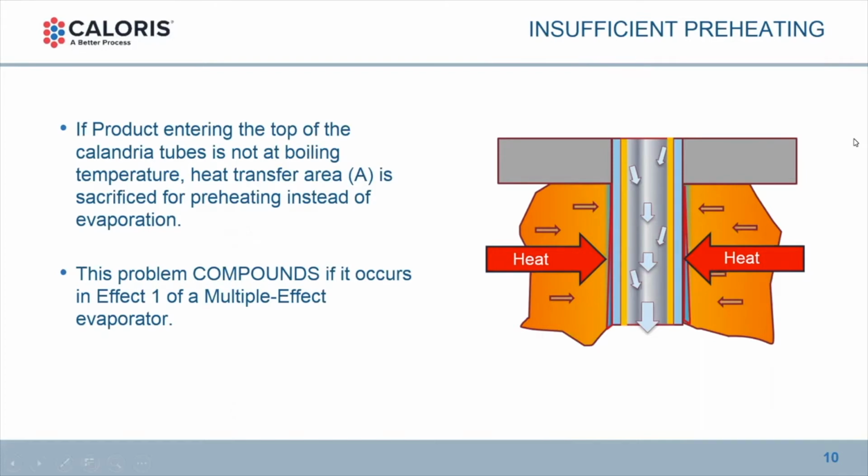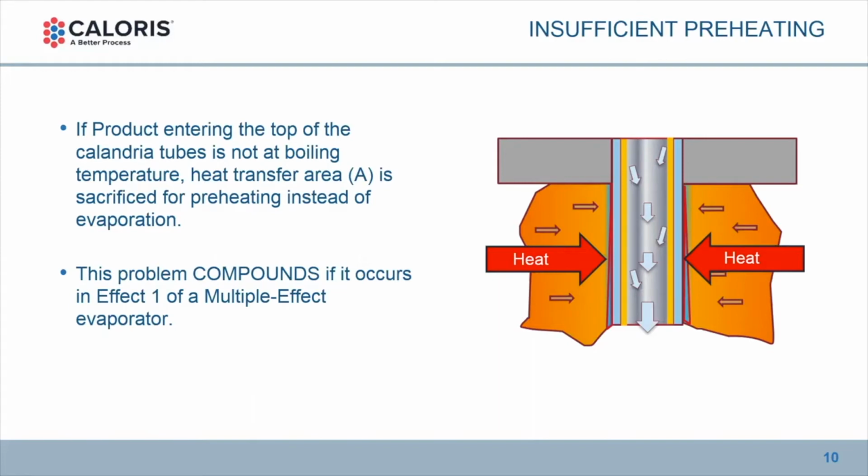Insufficient preheating can be a killer in an evaporator. We have faced this multiple times, especially when somebody takes a used evaporator and tries to repurpose it in a new location for a different purpose, and they neglect the preheating step. What you visualize here is your product coming in the top of the heat exchanger, flowing down the tube.